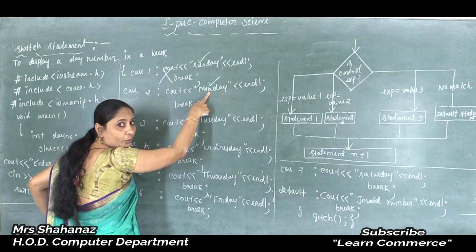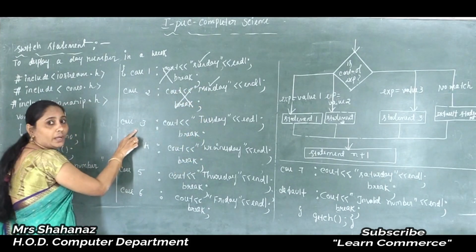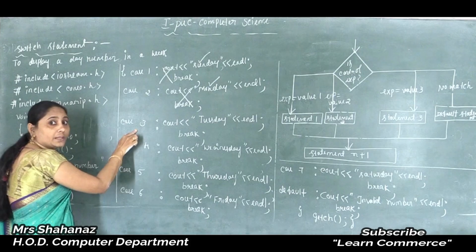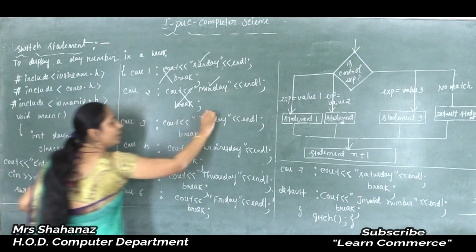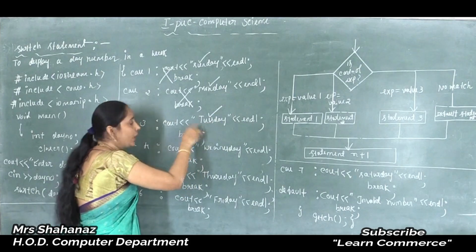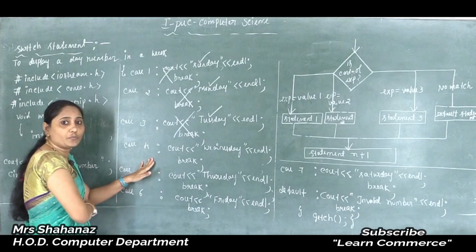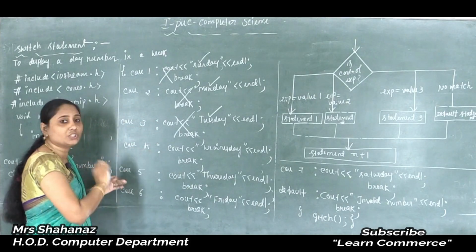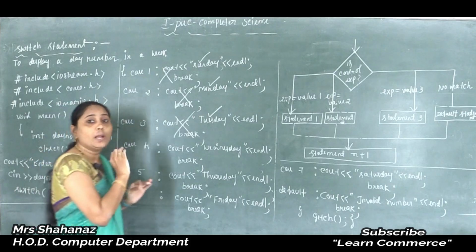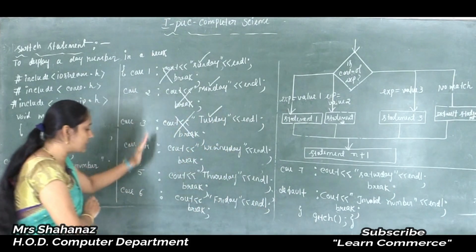The statement 2 is the Monday. If it is not matching, then it is going to check our third case label value. If it is matching, then this statement is going to execute. If it is not matching, then it is going to select case 4. Clear this point here? So one by one it is going to compare and match the control expression value with the case label value.